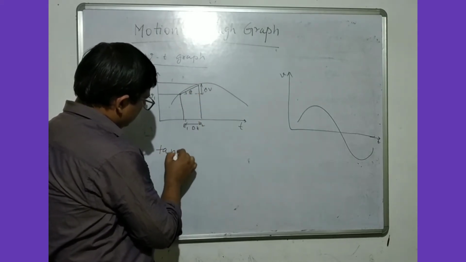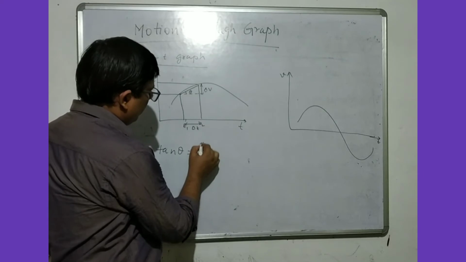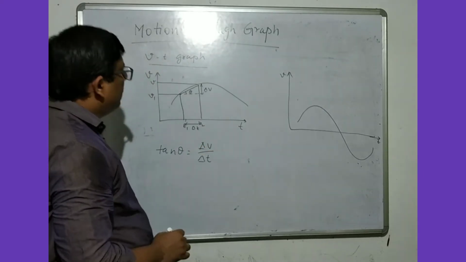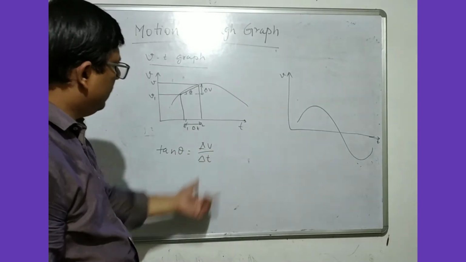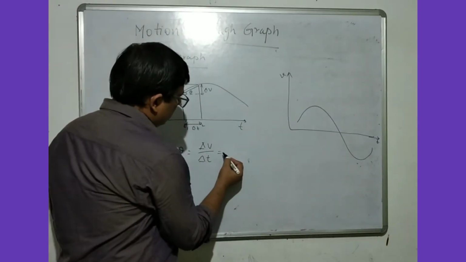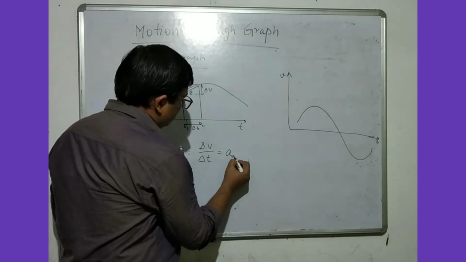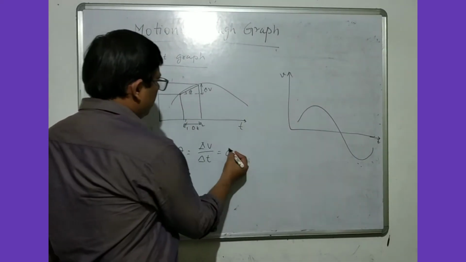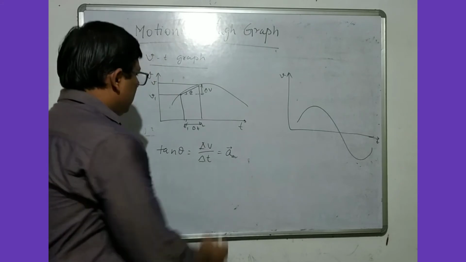So tan theta is equal to del v by del t. What is this del v by del t? That is change in velocity by change in time, which is nothing but average acceleration.